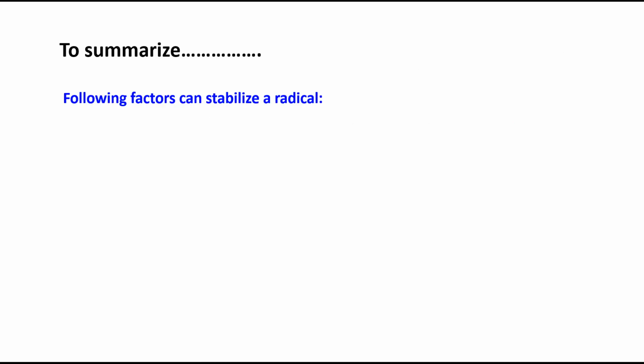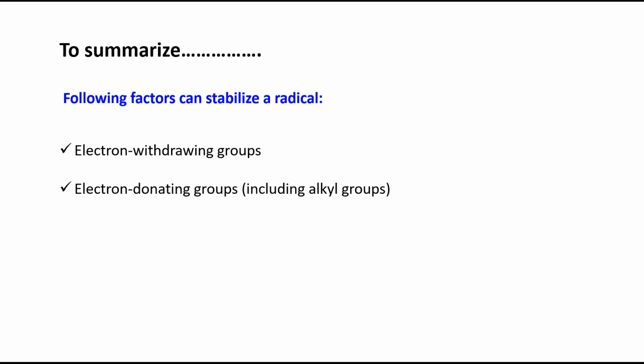Okay, so to summarize, the following factors will stabilize a radical. Electron withdrawing group and electron donating group, how they stabilize, we have seen in today's video in the molecular orbital diagram picture. Then you can consider hyperconjugation or any conjugating groups.